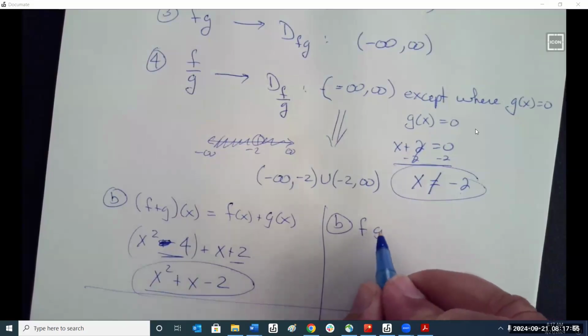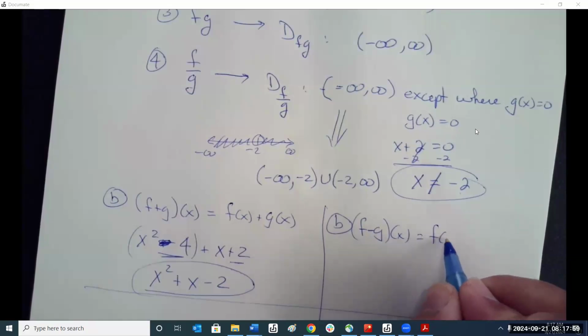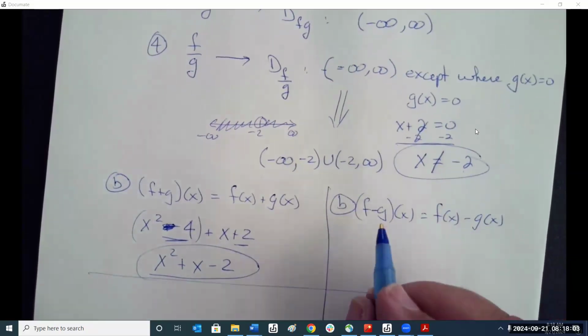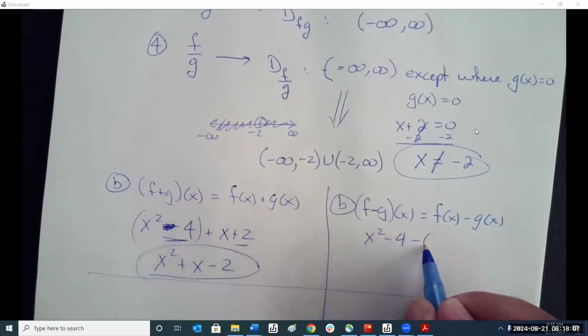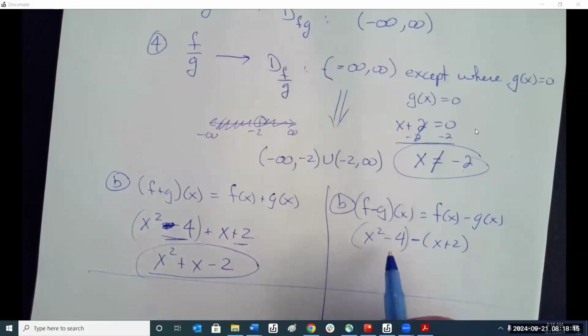F minus g, so it's x squared minus 4 minus x plus 2. Typically, you're supposed to put, whenever you substitute, put parentheses around them. I don't need the front parentheses because there's nothing in front of them.